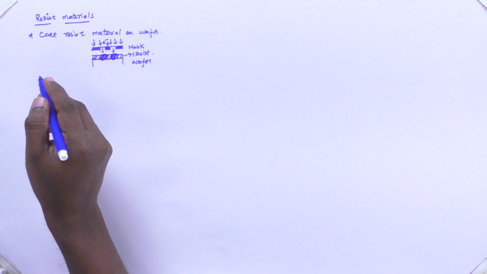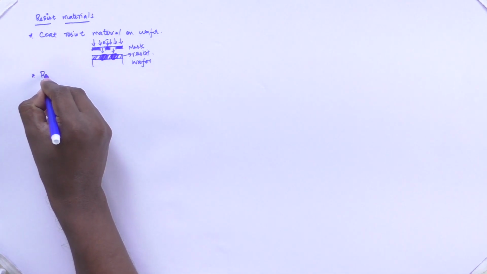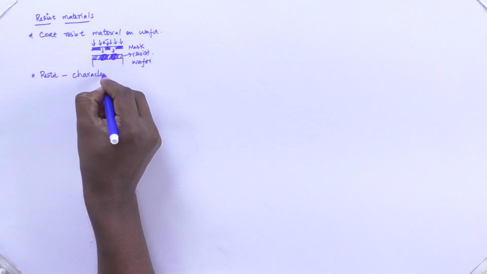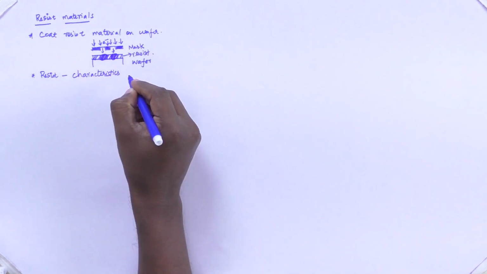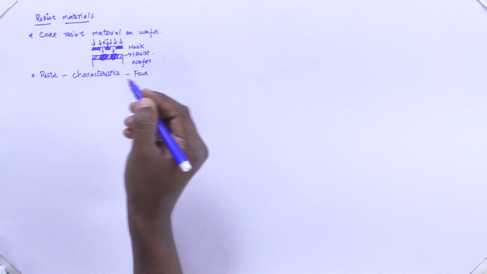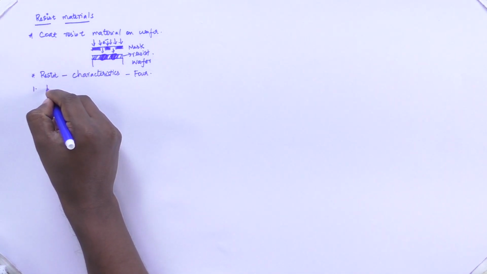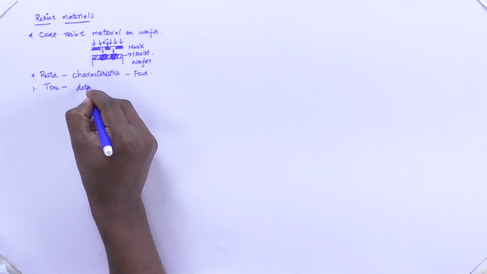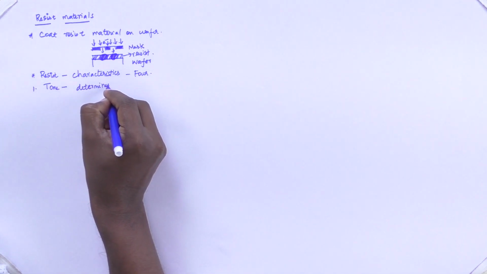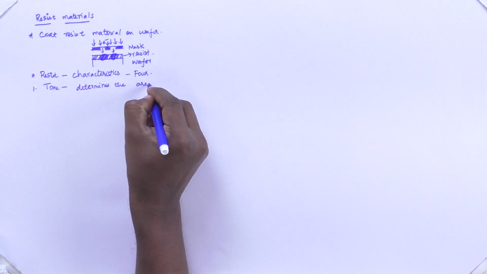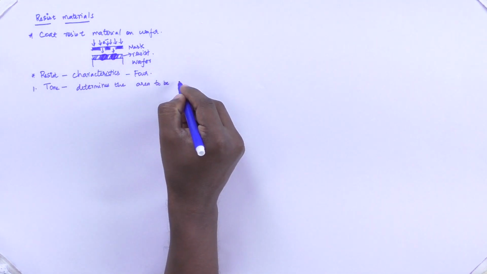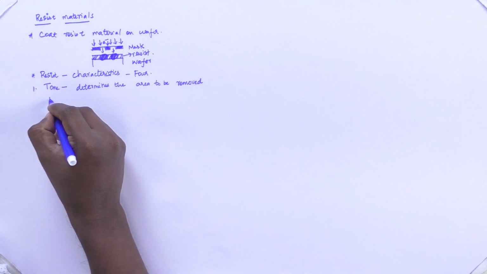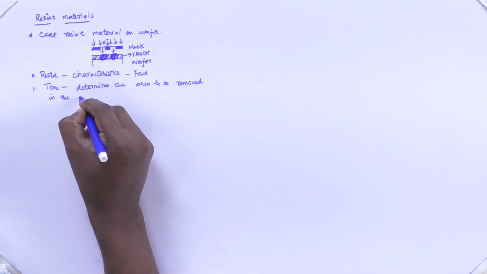The first thing when you look for a resist material is that you have to look for four characteristics. The first one is tone. Tone determines the area to be removed in the process of development.